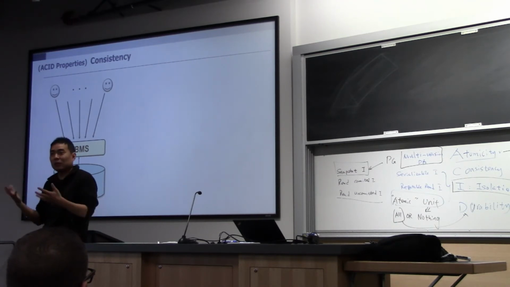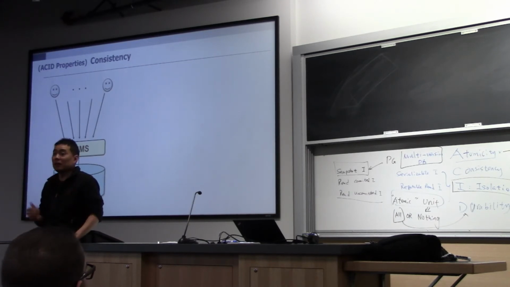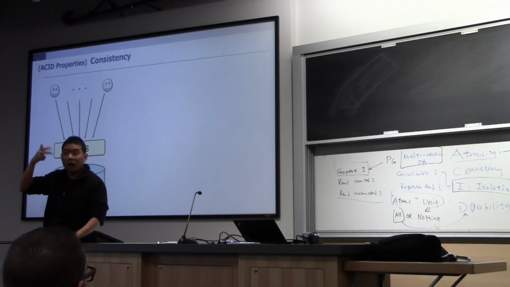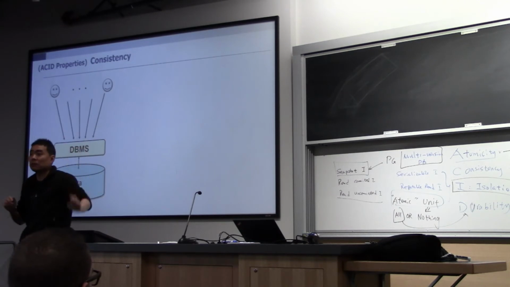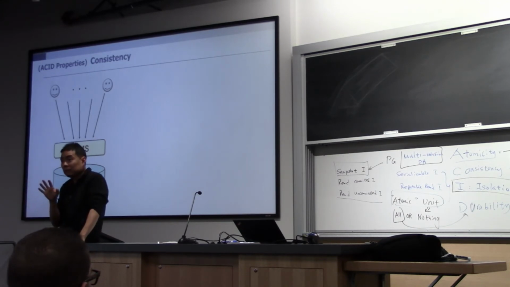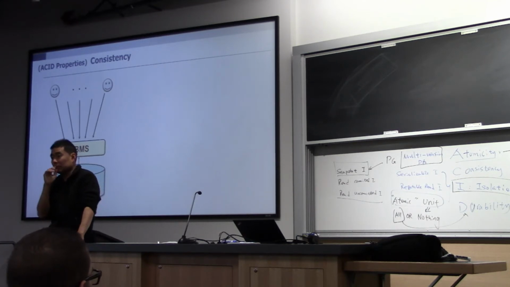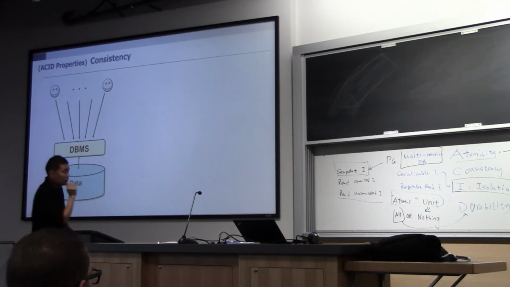I come back and check, and everything is still consistent, meaning all functional dependencies are still satisfied. That's all I care about. That's from the eye of consistency. Of course, you have to worry about the other properties too. Do you follow me? So that's called the consistency requirement.